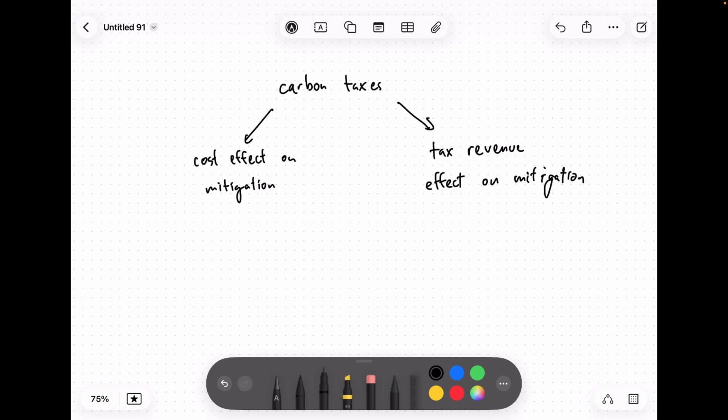And so you guys were mainly focusing on this piece then, right? What you do with the money. So what sorts of things were you talking about in terms of the revenue getting spent on?